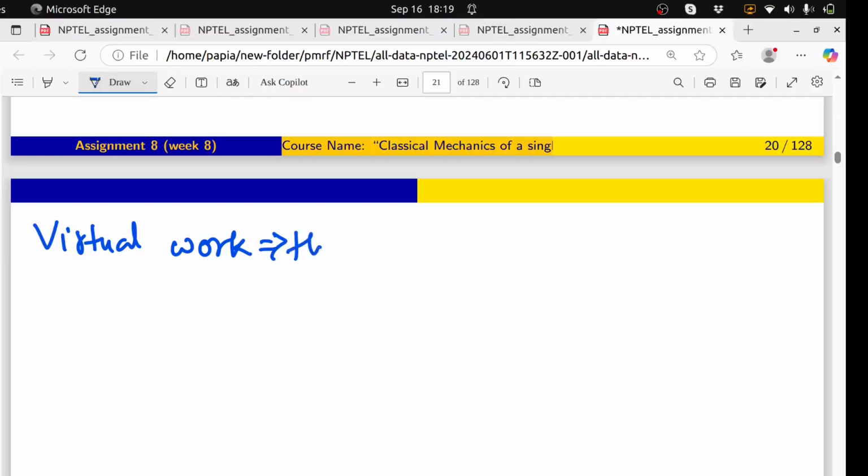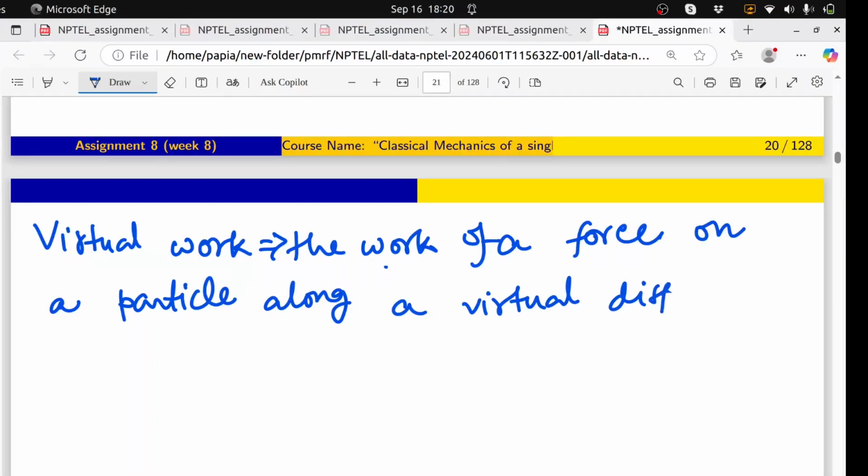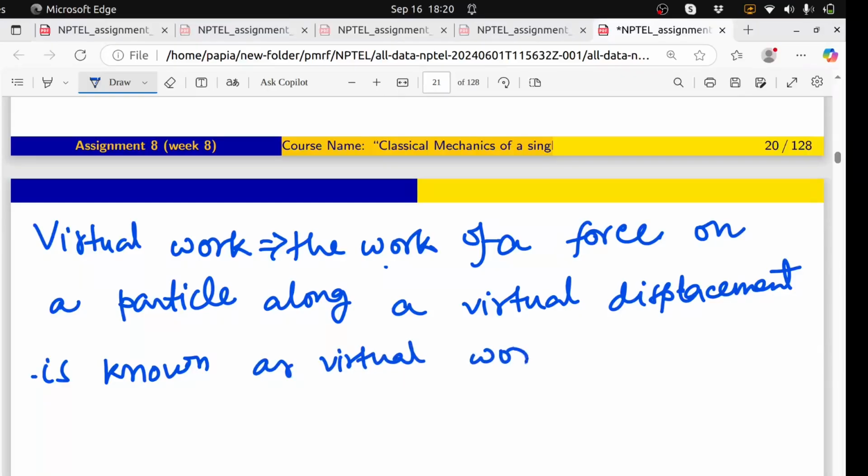The work of a force on a particle along a virtual displacement is known as virtual work.